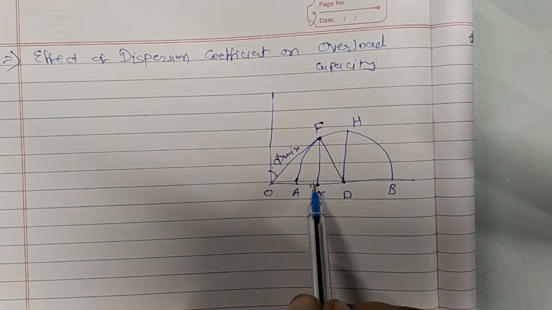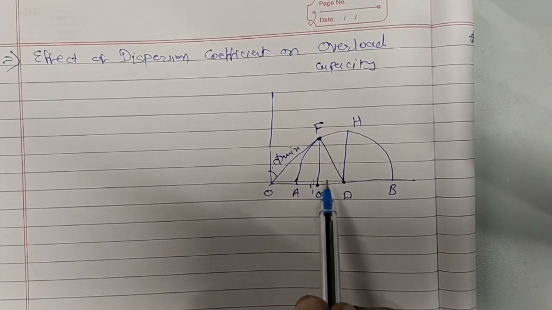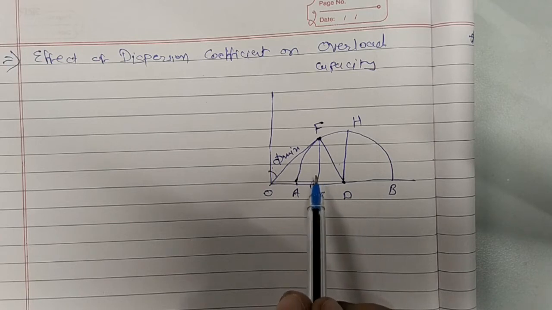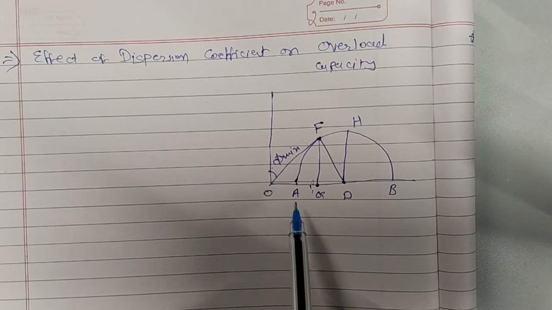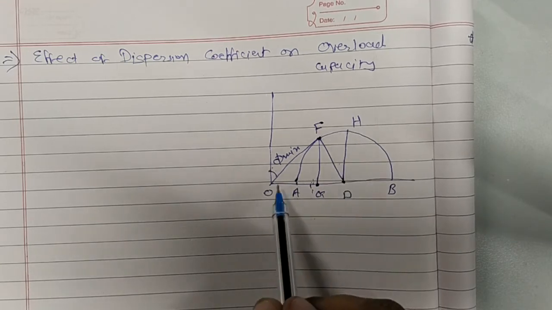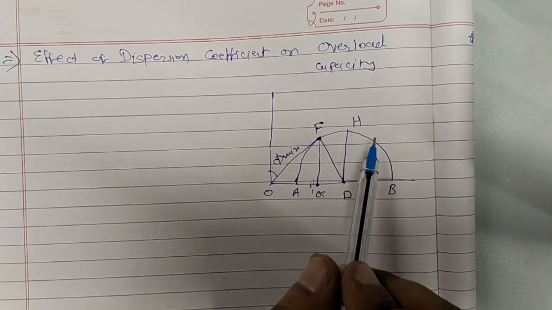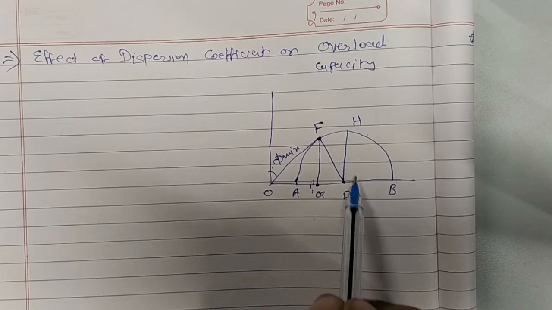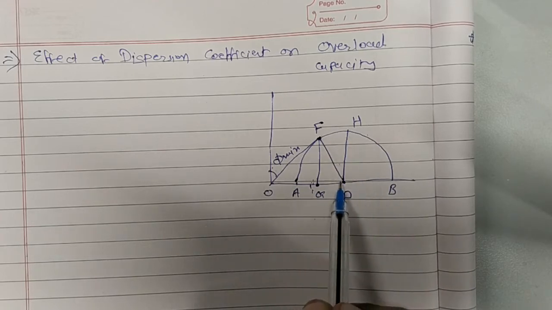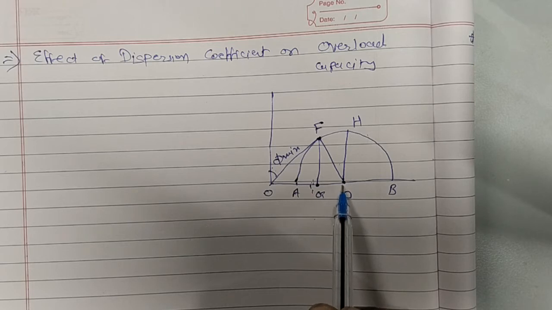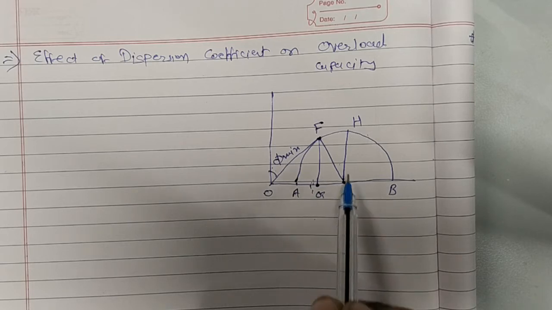The maximum power output which the motor is capable of giving can occur when the current is OH, and the position of H is vertically above the line from the point D, the center of the circle. So the maximum power output is given by HD.